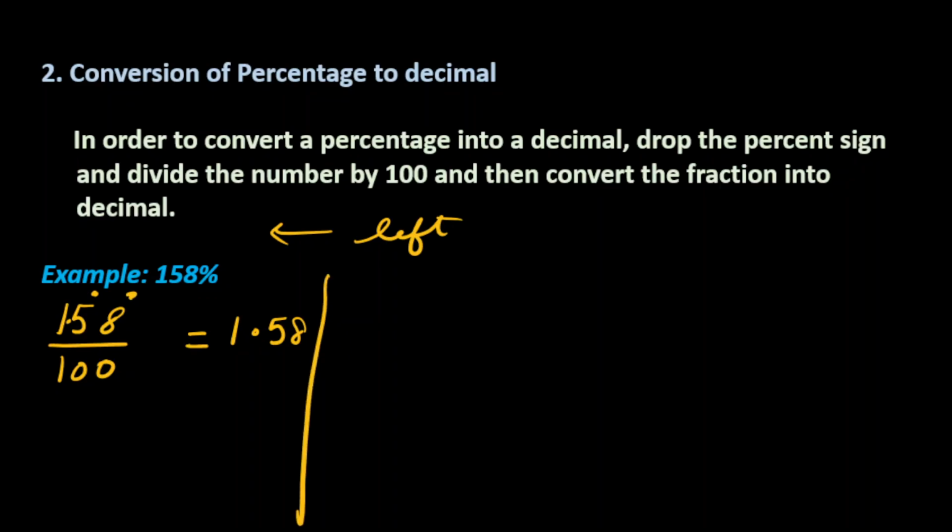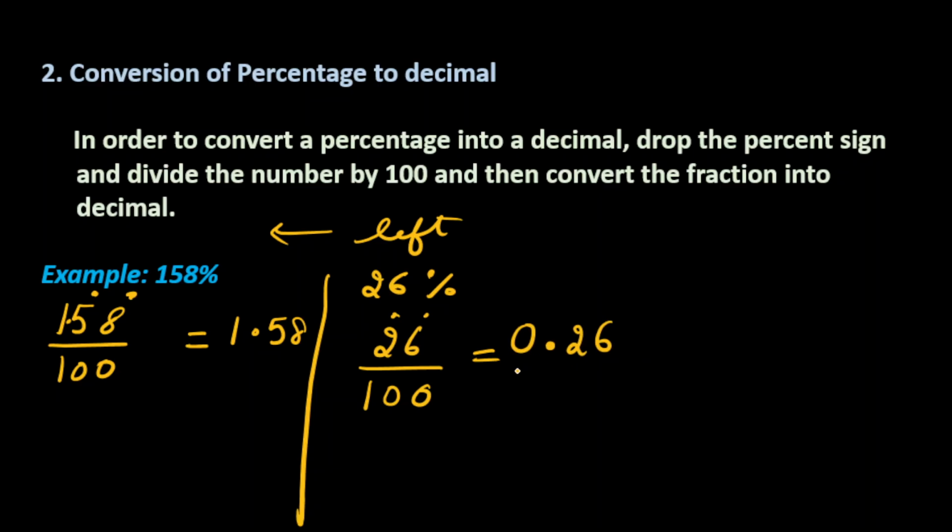Let's do one more for better understanding. So 26%. What we have to do, we have to drop the percent sign and divide by 100. Afterwards we have to move towards left two places. From right side we start counting 1, 2, so before 2 we have to write the decimal. So it is 0.26.